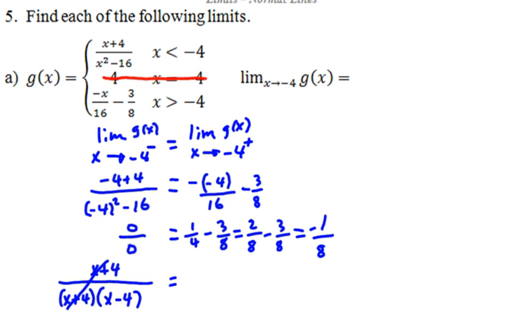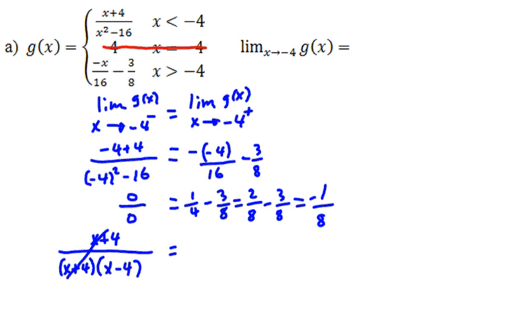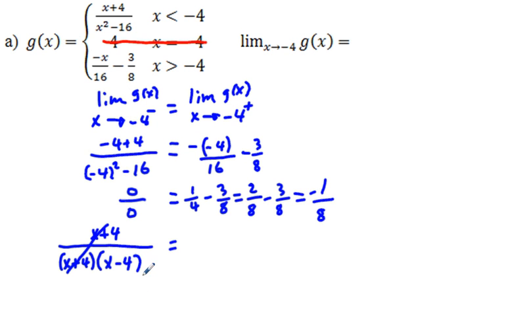So now we can substitute negative 4 in here. So we have 1 over negative 8, which equals negative 1/8. So we have essentially negative 1/8 on the left equals negative 1/8 on the right. So our correct answer is going to be negative 1/8.